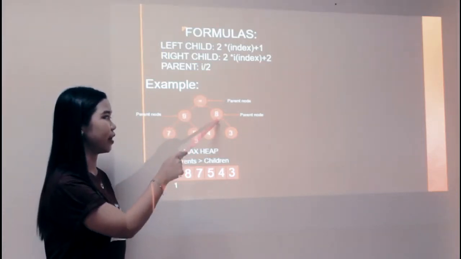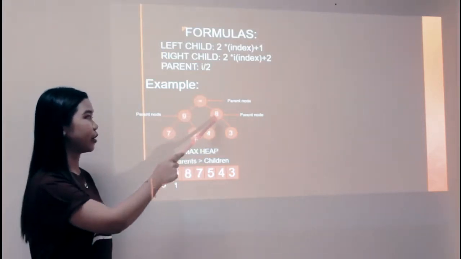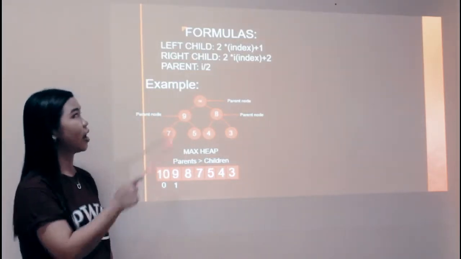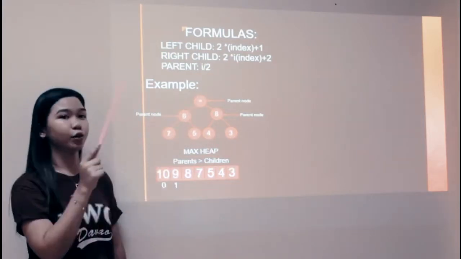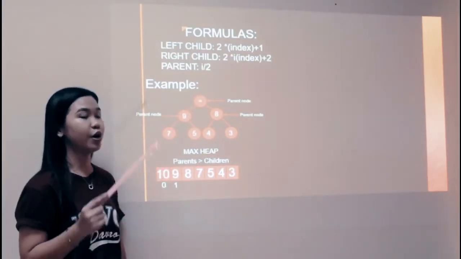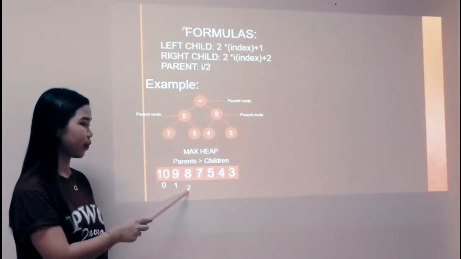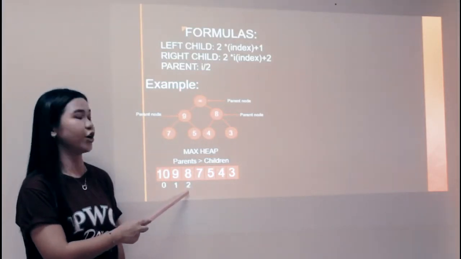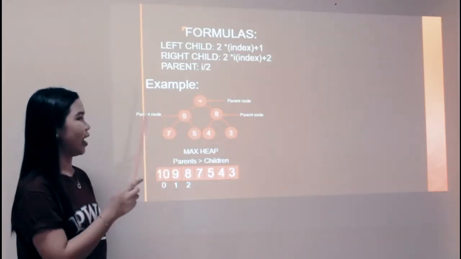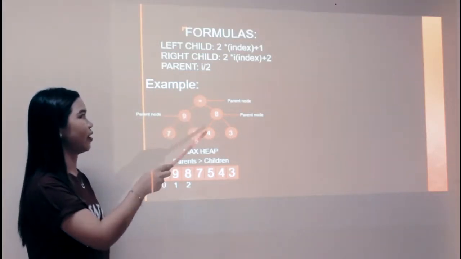It's the same with 8. If you're going to find the right child of 10, you just substitute using this formula. 2 times 0 is 0, plus 2 equals 2. So index 2 will be the right child of your parent node 10. And you can also use this for others.